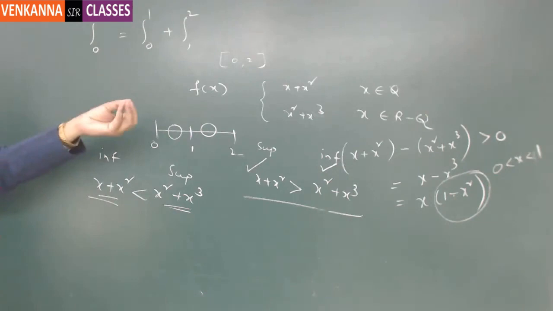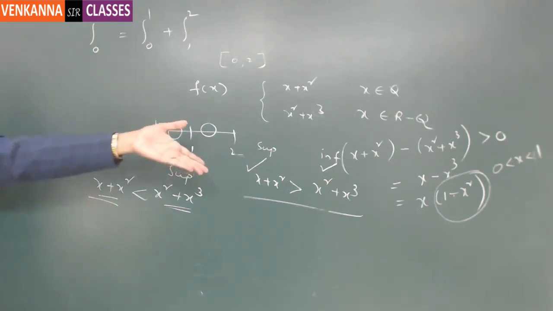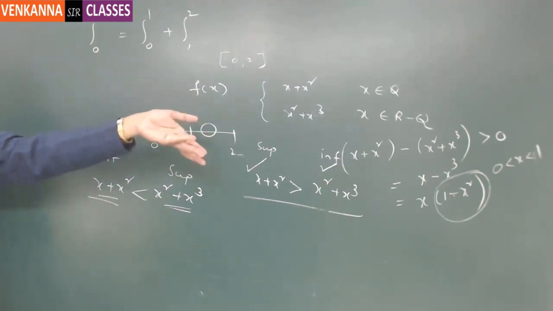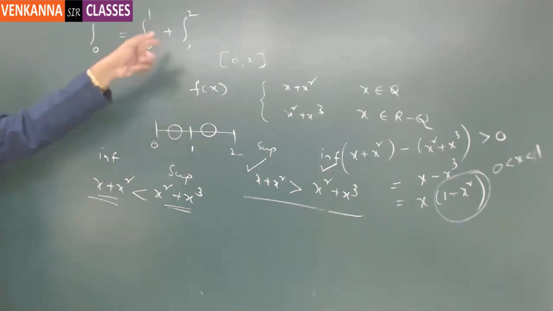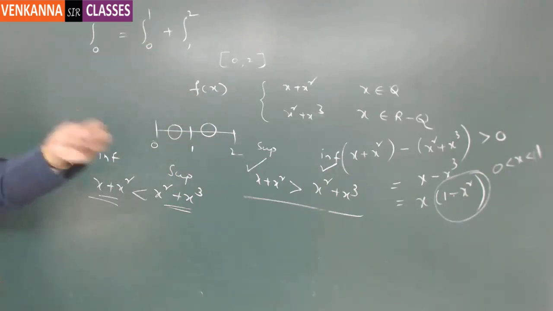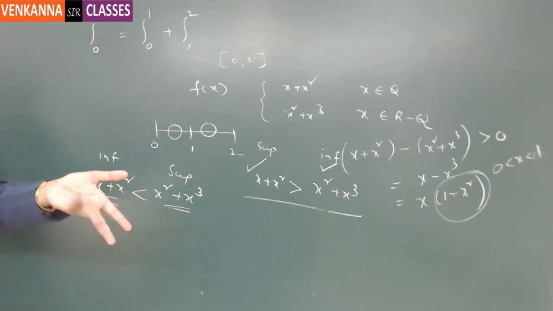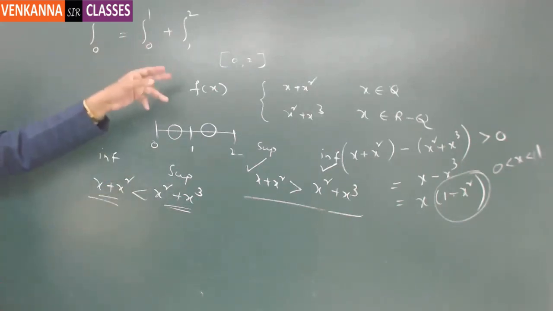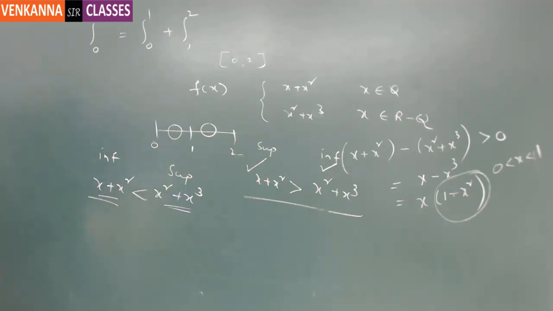So if you want to find the upper integral, we take the supremum, which is given by the two functions over the interval, and integrate. If you want to calculate the lower integral, we take the infimum. Earlier we did it by taking the partition and applying the limit as n tends to infinity. This was the technique we use in this problem.